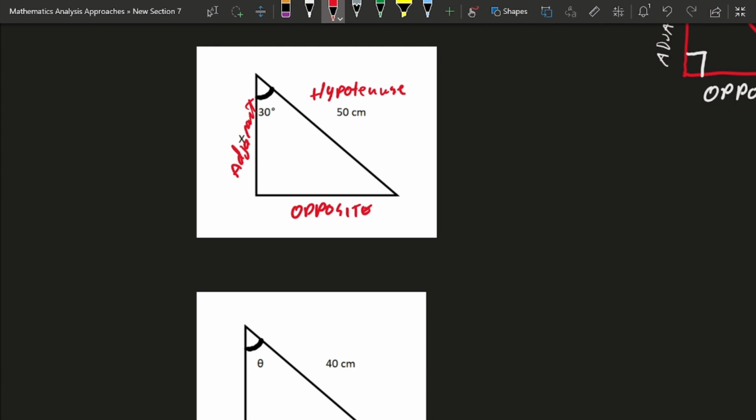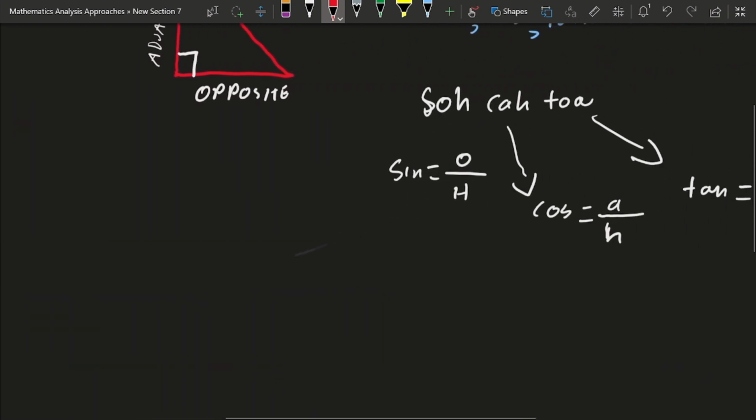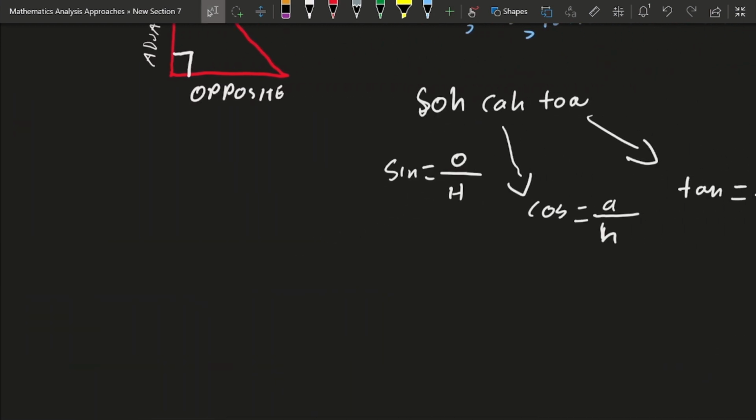How do we find x? We have the hypotenuse given and the adjacent given. Or we want the adjacent, but it's given to be x, right? Hypotenuse and adjacent. If you look at the SOHCAHTOA, we see that the hypotenuse and the adjacent is CAH, which is cosine, right?